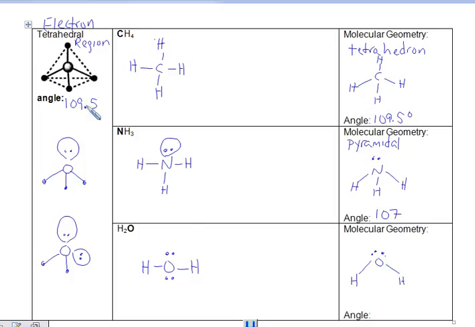So here we had it in 109.5 degrees. A single lone pair squeezed the angle to 107, so 2 lone pairs is going to squeeze it still further, and it's going to be roughly 105 degrees now.